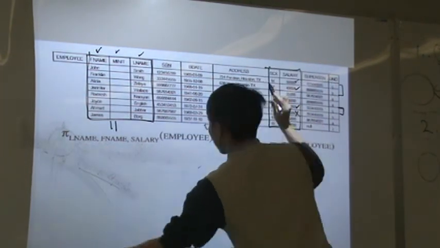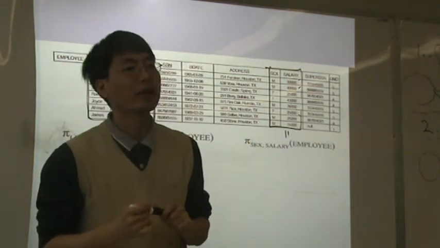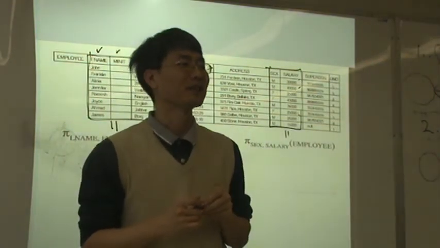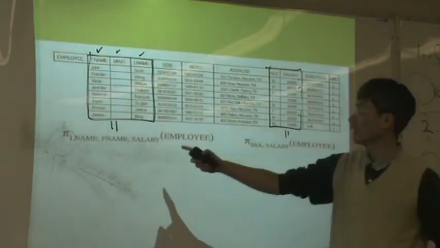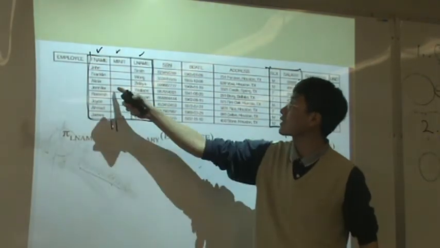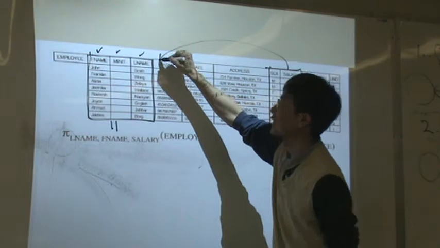This one will be returned. This is the output of this one. Am I correct? No. What's wrong? Which one? The first one? Last name, first name, and oh, sorry. Good. There is a salary over here, so we need to add it. That's good. And there is another missing part.